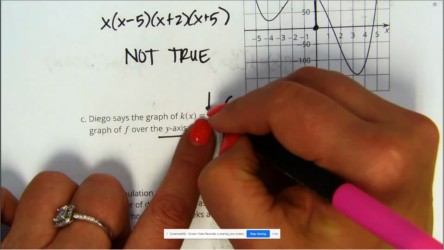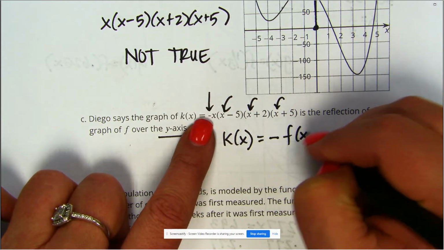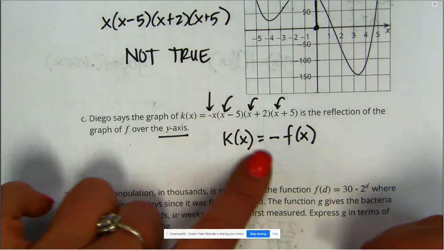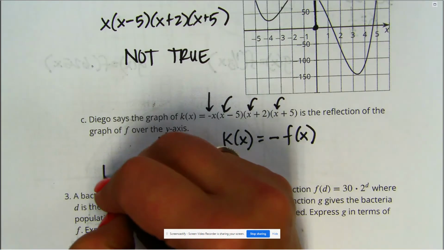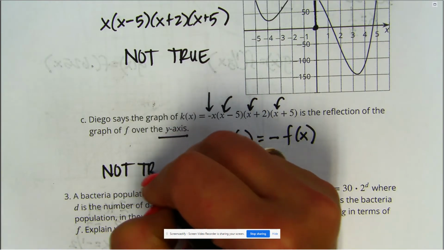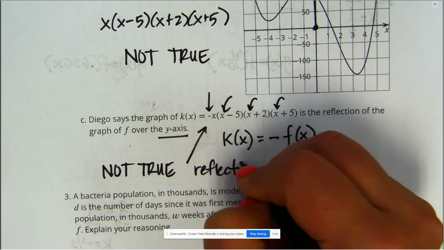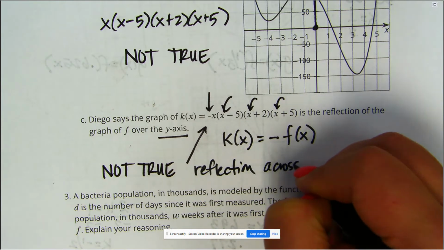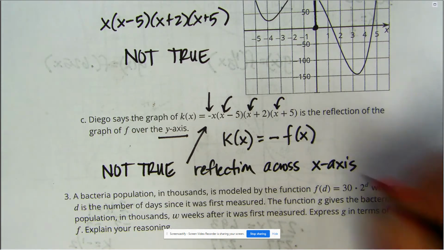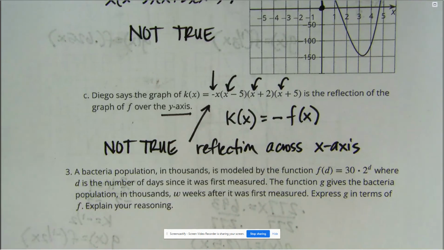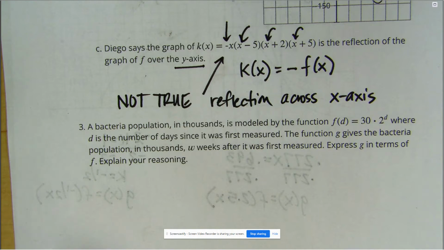There was one negative applied to f's original function. That's a reflection across the x-axis. So, Diego, this is not true. This is actually a reflection across the x-axis.